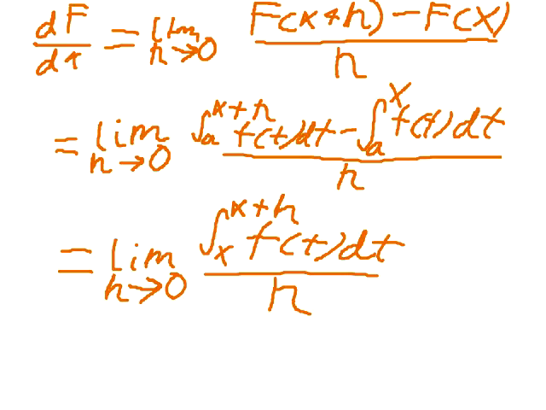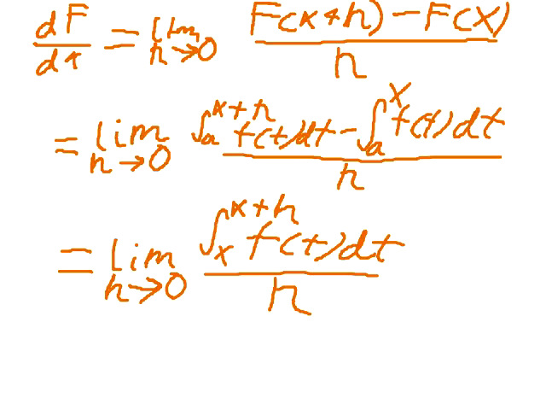The proof starts with the definition of the derivative applied to the function F, which is the limit as h goes to 0 of F of x plus h minus F of x over h.